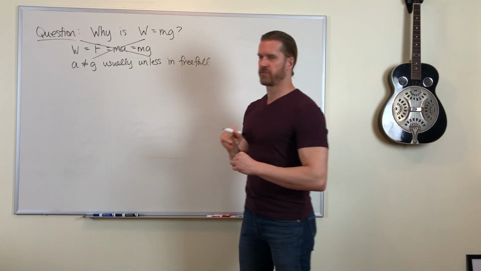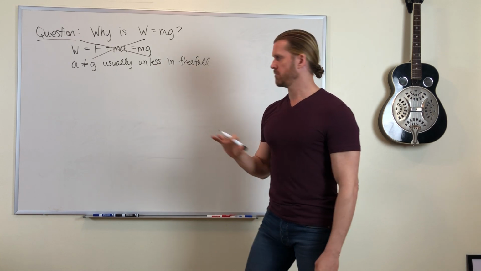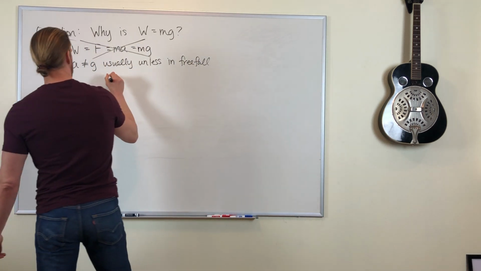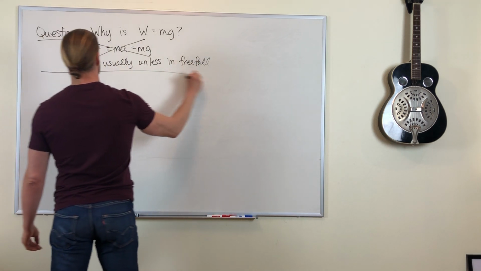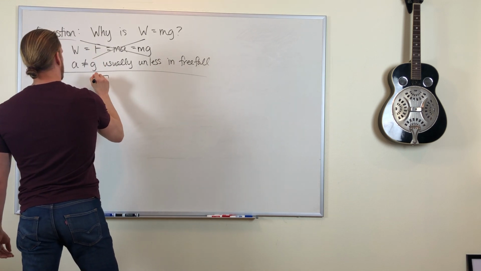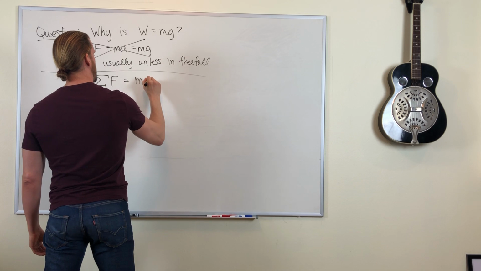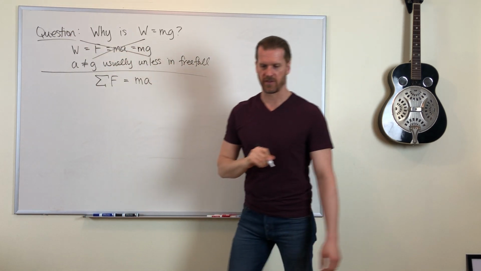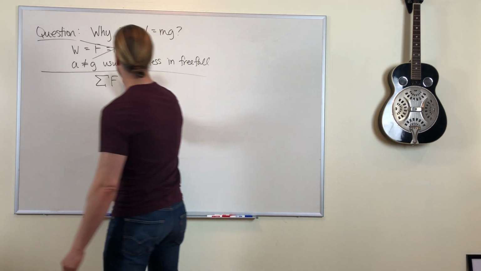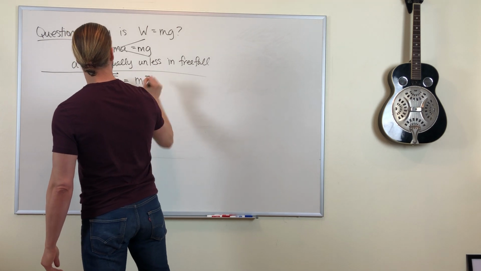So to understand where this comes from, let's go back to Newton's second law, which says that the sum of the forces on an object equals its mass times its acceleration. And if we want, we could put vector signs on here.